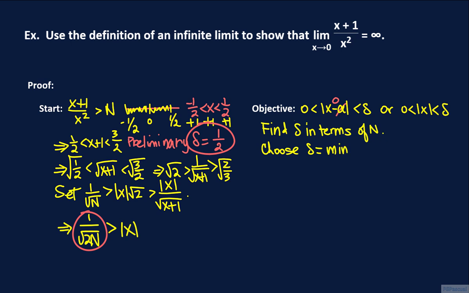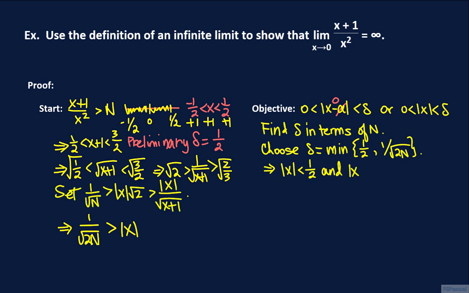To make this all work, we choose delta to be the minimum between 1/2 and 1 divided by the square root of 2N. This means that the absolute value of x is less than 1/2, and it is also less than 1 divided by the square root of 2N.